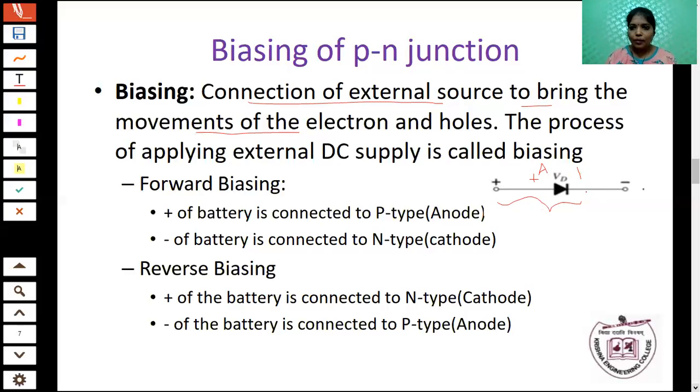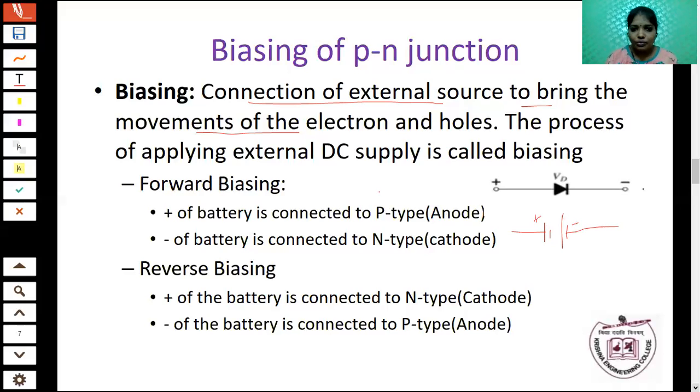Now we see what forward biasing is. I already told you, biasing means we are going to apply some external source. Here I am going to apply a battery. This is the symbol of a battery. You know that the positive is the longer line and the negative is the shorter one.